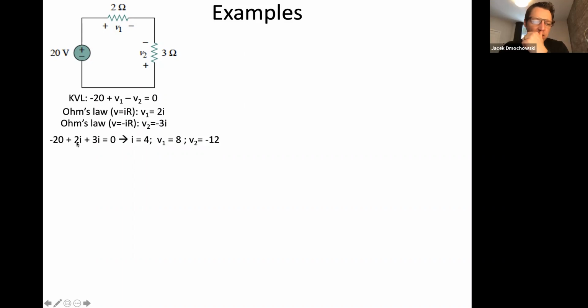Well, are you looking at my PowerPoint right now? If I point to it, do you see what I'm doing? Yeah, so it is 2I plus 3I is equal to 20, right? This equation here. I can't see your piece of paper, which makes it harder for me, but it should be V1 minus V2 is equal to 20.